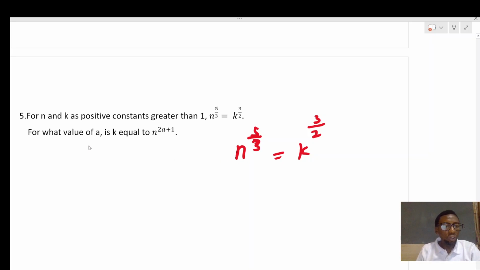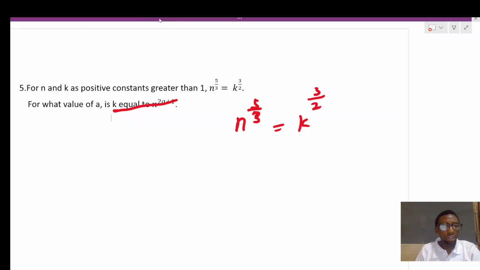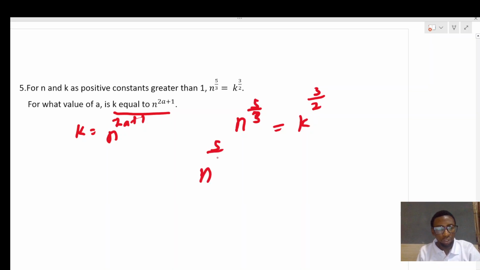For what value of a is k equal to n to the power 2a plus 1? That means anywhere I see k, I'll put n raised to the power 2a plus 1.